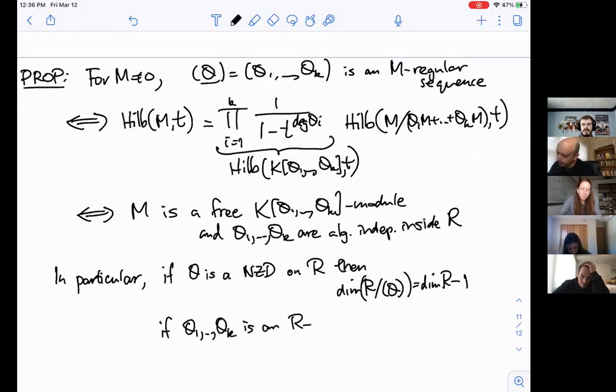This is an R regular sequence. Then it drops the Krull dimension by k. Each one of them drops it 1 more.